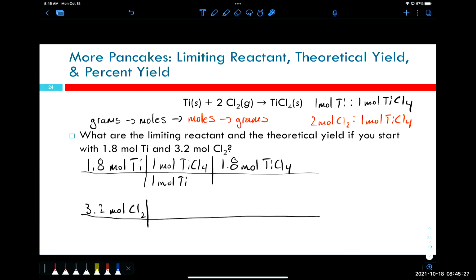Then again, we have chlorine as our units now, but we want to get to titanium chloride. So we're going to put our chlorine in the denominator so that when we multiply, the units of moles chlorine cancel out. And we replace that with units of moles titanium chloride.